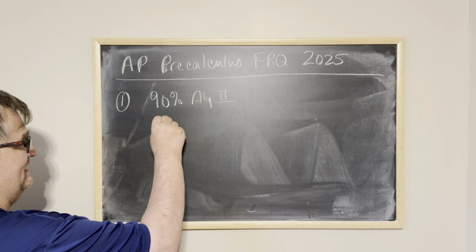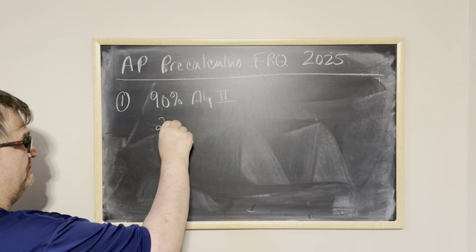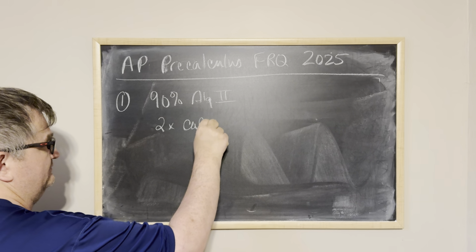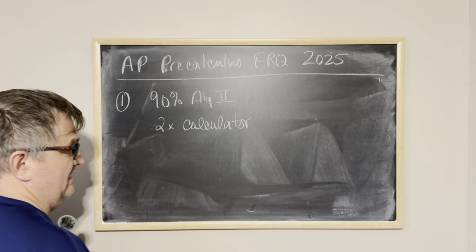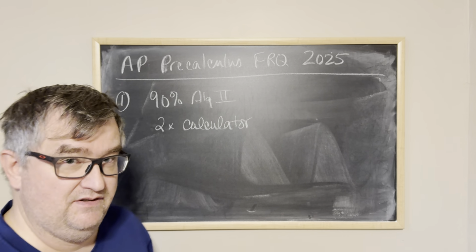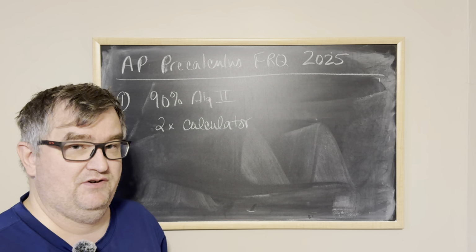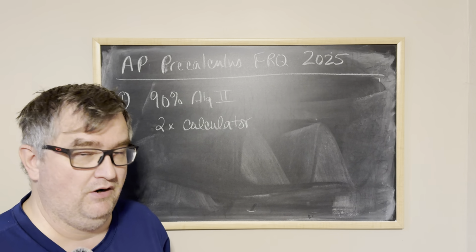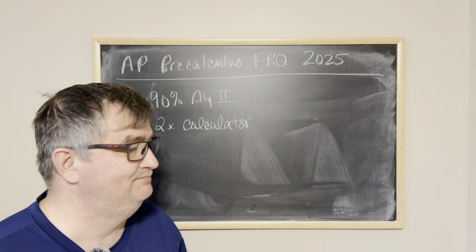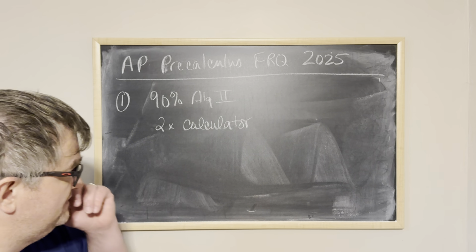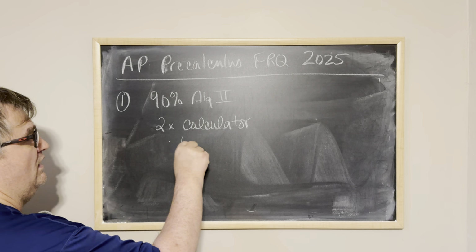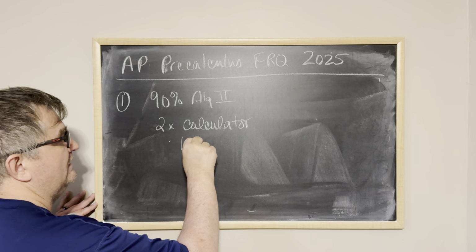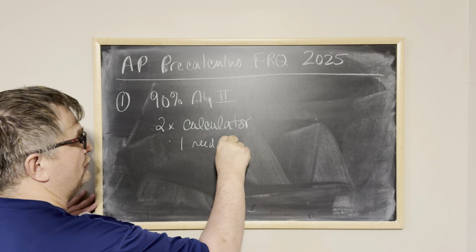The next thing is you need the calculator twice. Now, I don't know these days on the advanced placement exam if there is an electronic calculator embedded or you got to bring your own. I'm going to assume you got to bring your own. But nevertheless, you need the calculator twice, and one needs to be able to handle cubics.